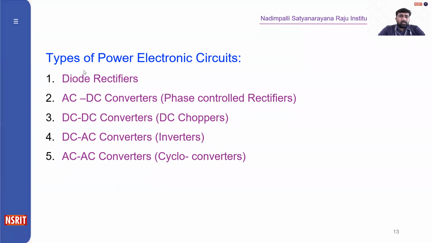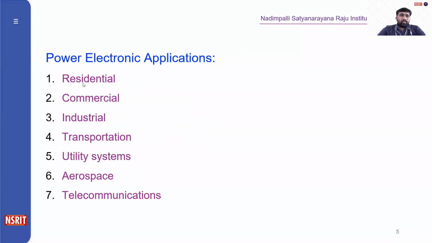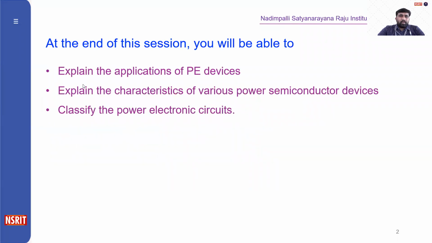So like this, we have designed this session. Majorly, we have discussed from the starting point. Now we have discussed the applications of power electronic devices, like domestic applications, industrial applications, commercial applications, aerospace applications.